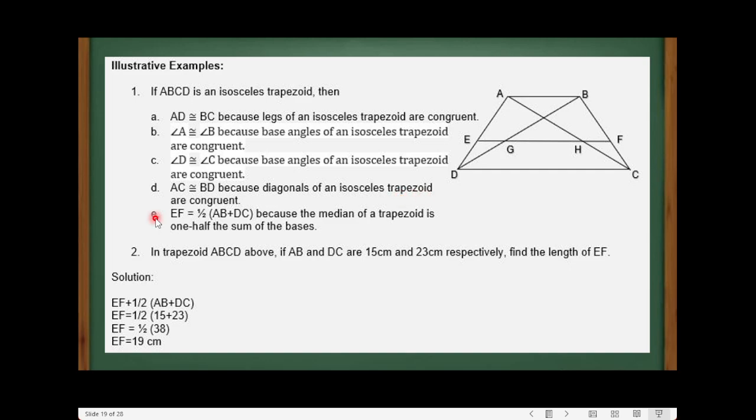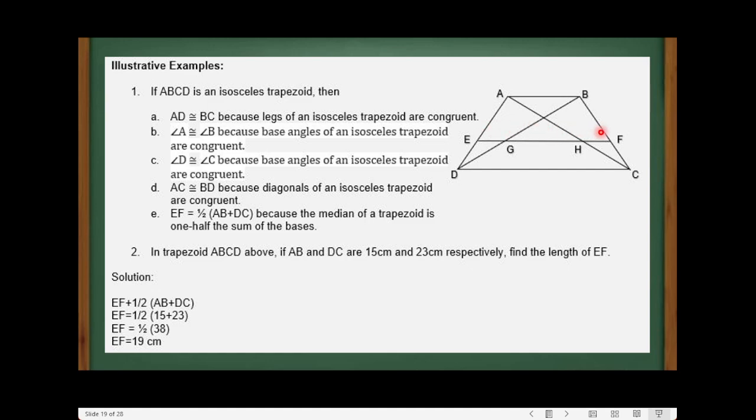And finally, letter E, the length of segment EF. Now, this drawing is not properly drawn to scale. Okay? So let us assume that this is the median, although it should be drawn exactly at the middle, not on the lower portion.